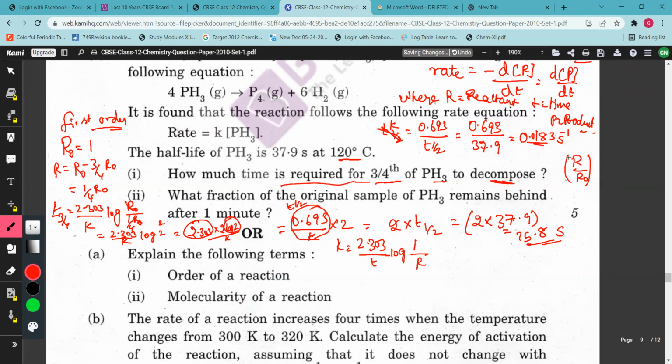Fraction of original sample left out is the amount left out divided by the initial amount. But the initial amount that we have taken is 1. Since R naught is 1, if you calculate R, it is enough.